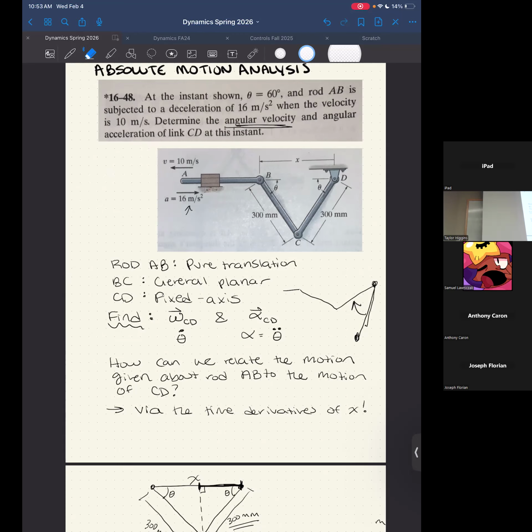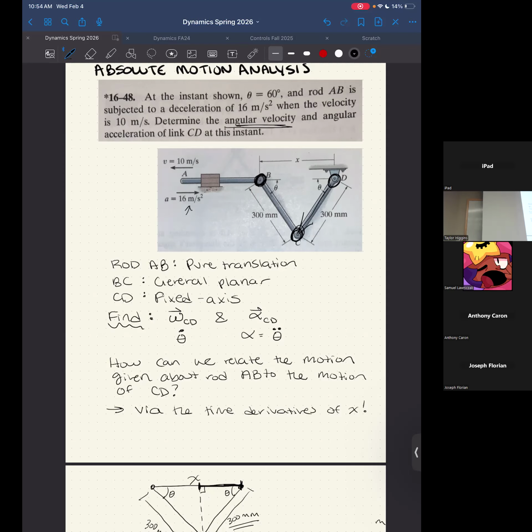So there are multiple ways to solve the problem. Andrew's first thought was, let's use our relative motion equations to take what I know about the velocity of point B to write some expression for the velocity of point C, and then do the same thing to relate what I know about the velocity of point D to the velocity of point C. That is probably one way that would have worked.